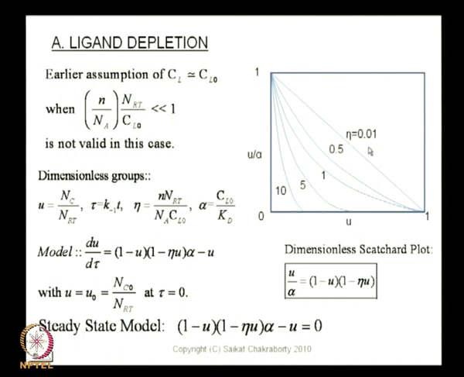So, you see over here, that is why I purposely drew this, that for eta going to 0.01, it collapses to the linear first order kinetics, and for eta larger and larger, there is more deviation from the first order kinetics. That is the reason I drew this sketched plot: I just wanted to convey the fact that if you go away from eta equals 0, your deviation from the simple linear kinetics is more. So, that is the sketched plot.